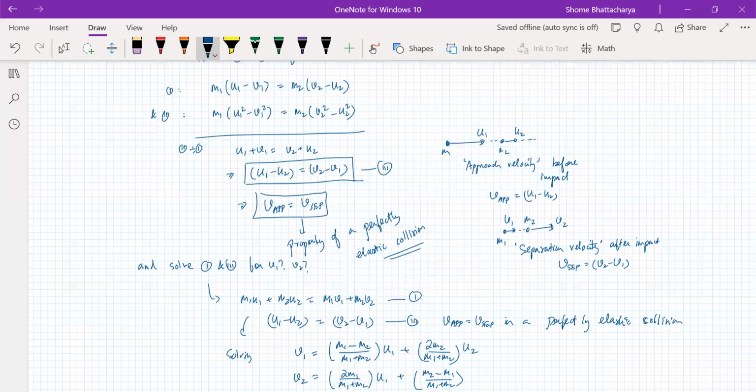For these two diagonals, it is M1 minus M2 and M2 minus M1. And for the other two, it is 2M2 and 2M1. So it's quite easy to remember these formulae. You can treat these like the general formulae for perfectly elastic head-on collisions.